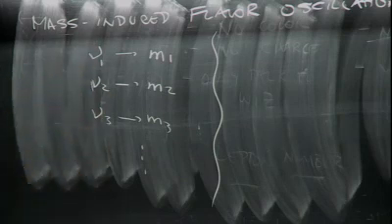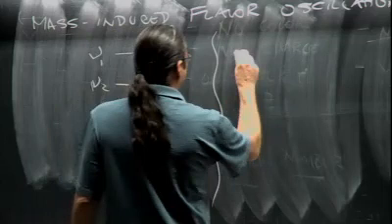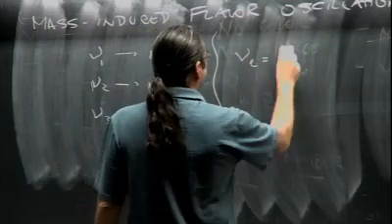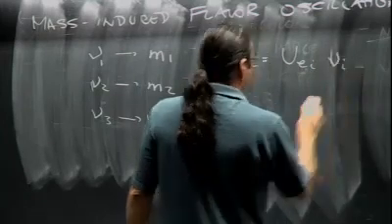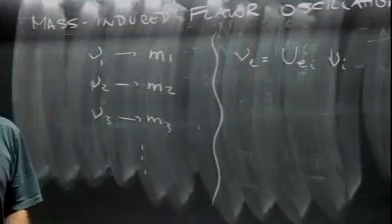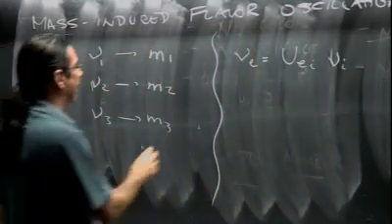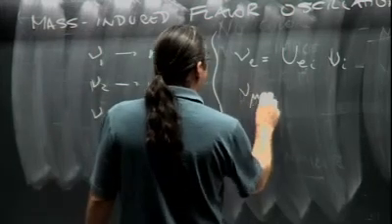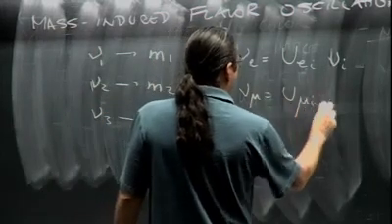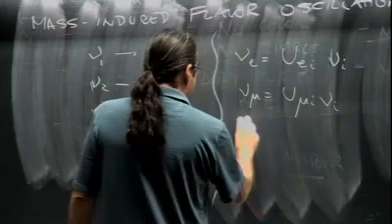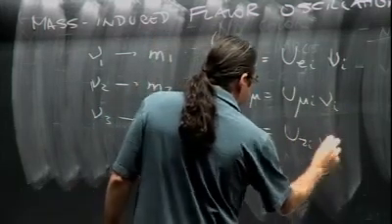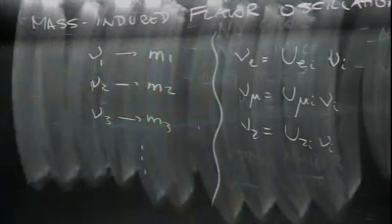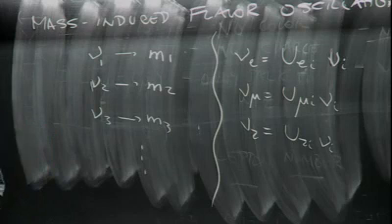But what you know for sure is that the electron neutrino is a linear combination of neutrinos with a well-defined mass, right? And the muon neutrino is also a linear combination of neutrinos with a well-defined mass. And the tau neutrino is also a linear combination of neutrinos with a well-defined mass. Okay, just from basic quantum mechanics. That's the best you can do.